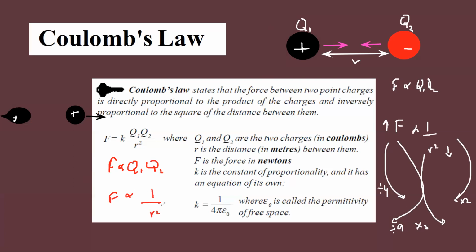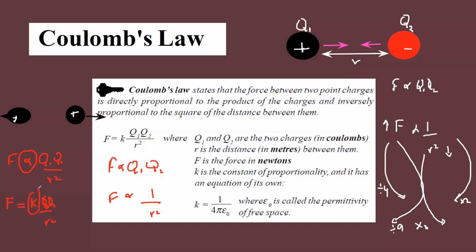When we combine these two factors, we can say force is directly proportional to the product of the charges and inversely proportional to the square of the distance between the two. Whenever in a mathematical equation we replace the proportionality sign, we replace it with an equals sign and a constant. So we can say F = K Q1 Q2 / R².